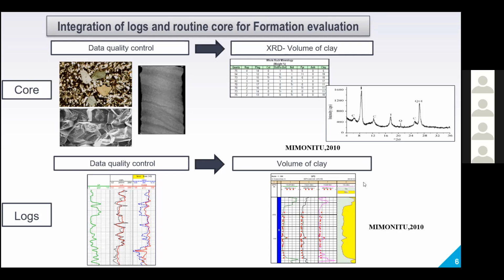After you calculate the volume of clay from gamma ray and the neutron density, you need to check if your volume calculation is right. You will take the core block sample and put it in an instrument called X-ray diffractogram, XRD, as a whole rock, not fractionated.